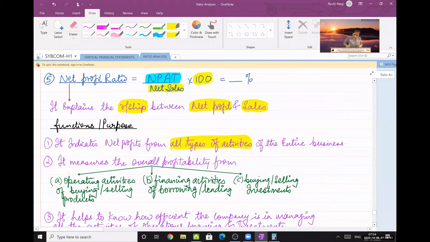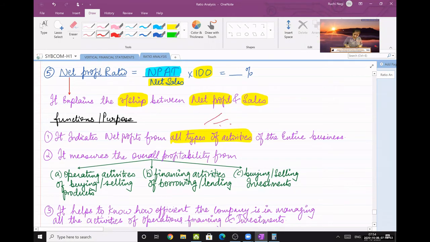Business mein there are three types of activities: operating activities, financing activity, and investment activity. Every business is divided into three activity levels: operating activity level, financing activity level, and investment activity level.